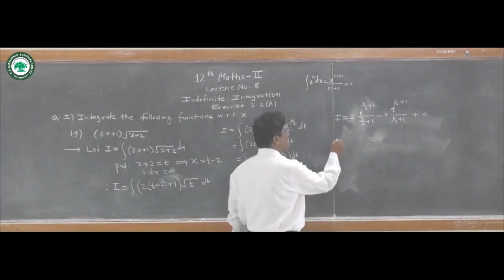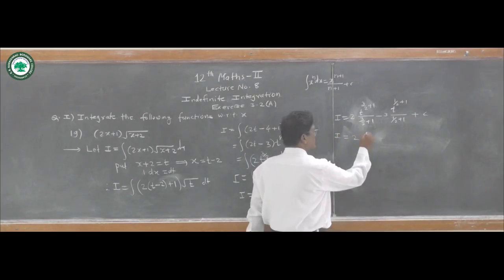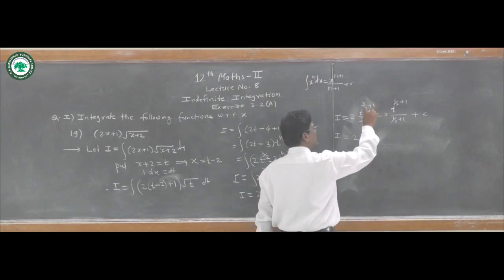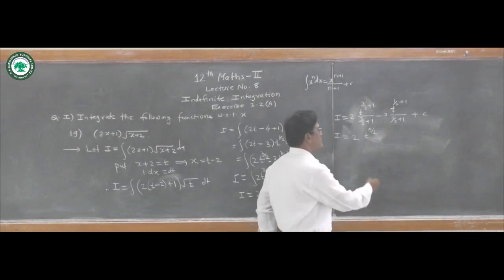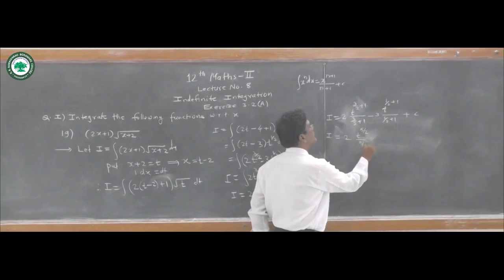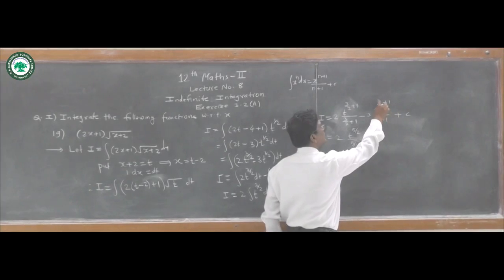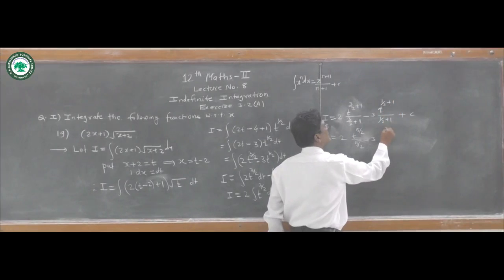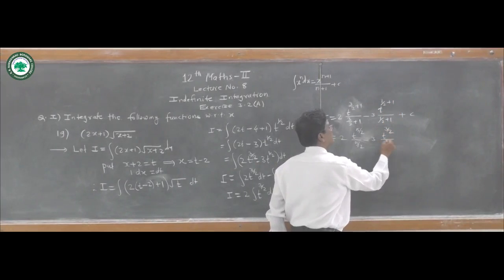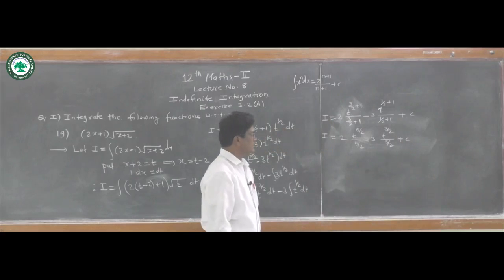So I is equal to 2 into t to the power 5 by 2 divided by 5 by 2, minus 3 t to the power 3 by 2 divided by 3 by 2, plus constant of integration.